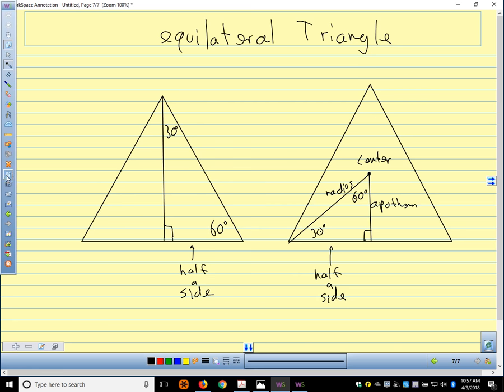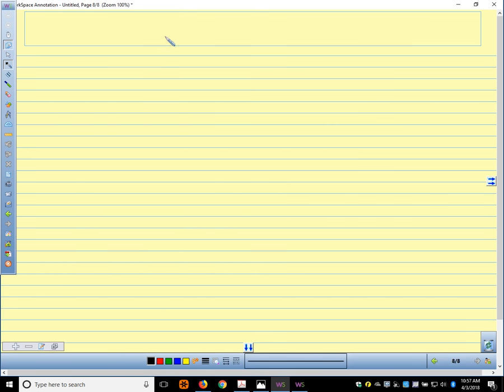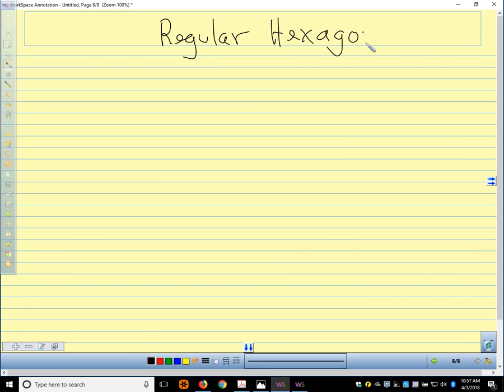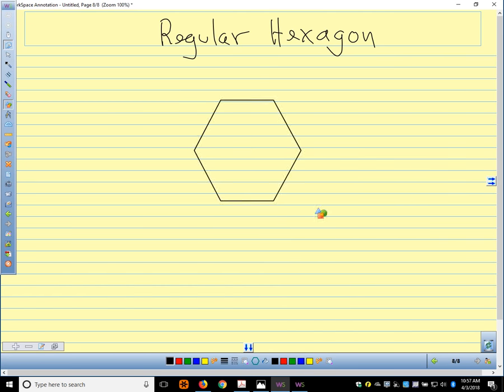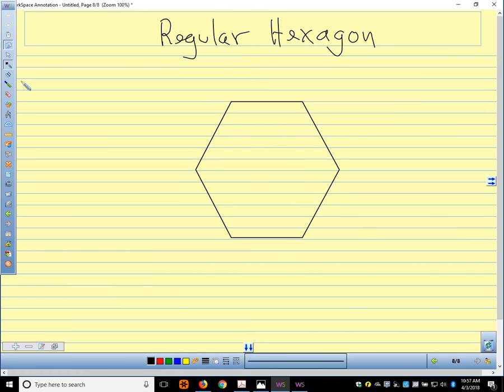All right, the last polygon is a regular hexagon. I'm just going to draw one regular hexagon here. And for the regular hexagon, we're going to draw in the center, the radius, and the apothem, and label the central angle.